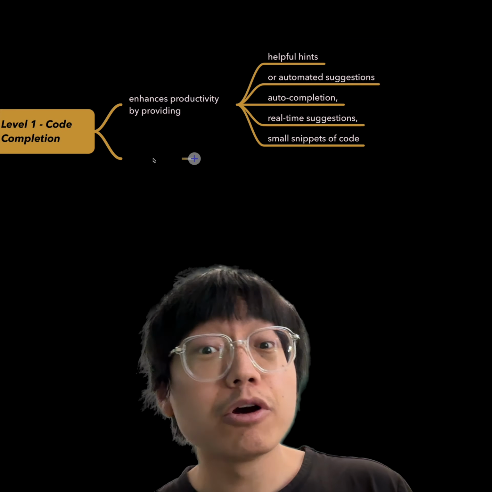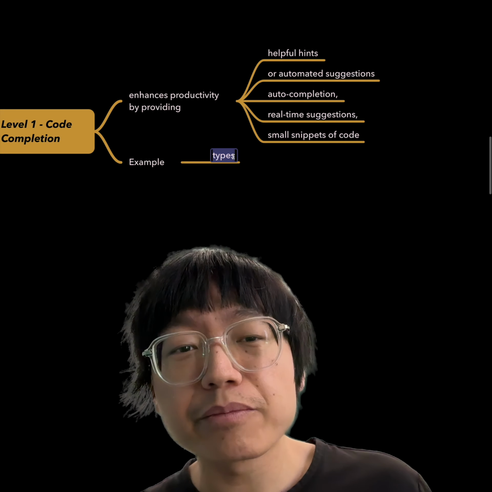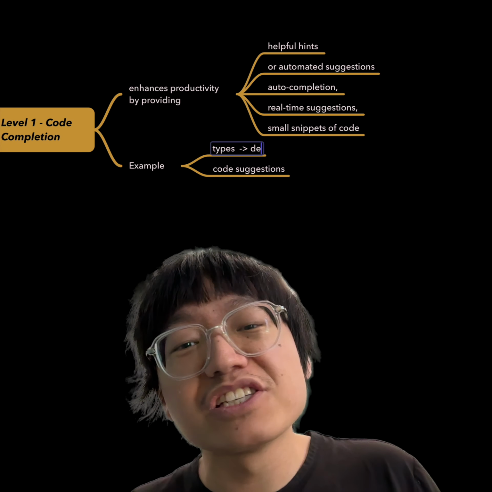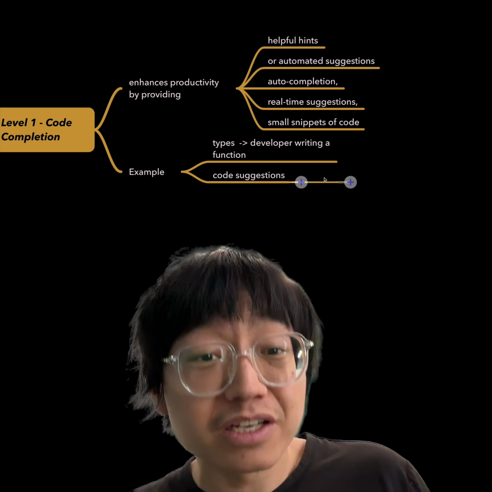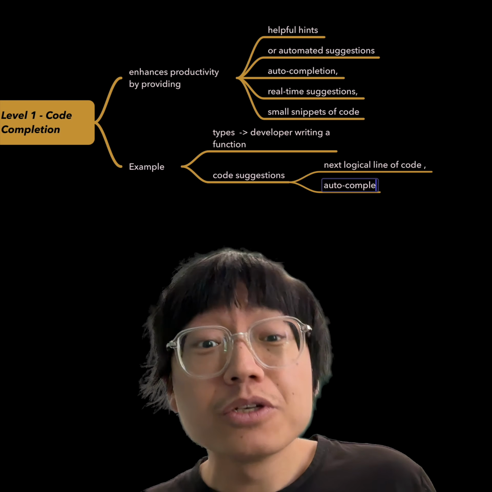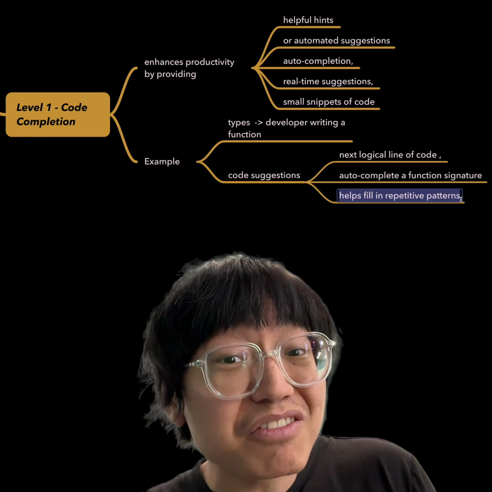For example, GitHub Copilot or Cursor offer code suggestions as the developer types. For instance, while we're writing a function, Copilot may suggest the next logical line of code or autocomplete a function signature. So it helps to fill in repetitive patterns, but doesn't do any higher level thinking.